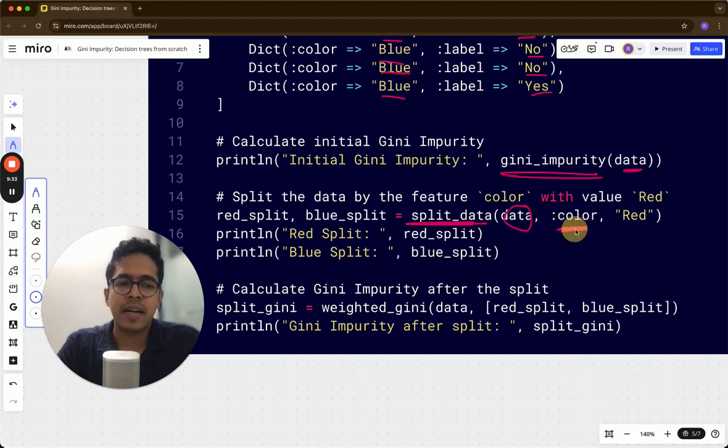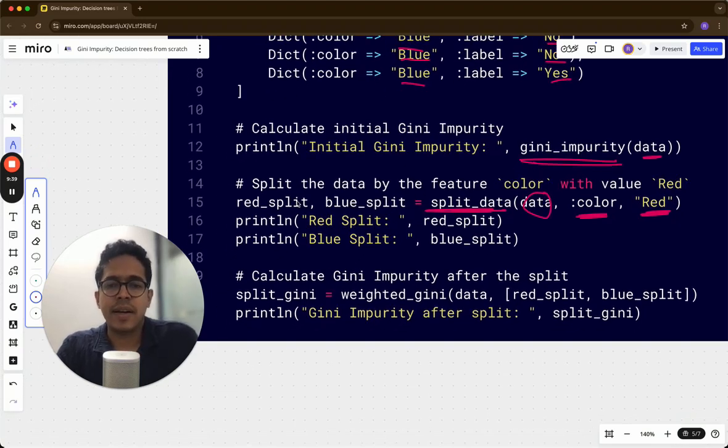We are passing color as the feature, and we are comparing whether the color is red or not. And from this split data, we have red split and blue split. Now, if you look at the part where this weighted Gini impurity function is being called, we are passing the original dictionary, and into one single array, we are passing the red split and blue split. These are the 2 children.